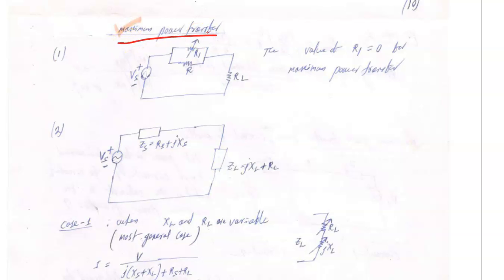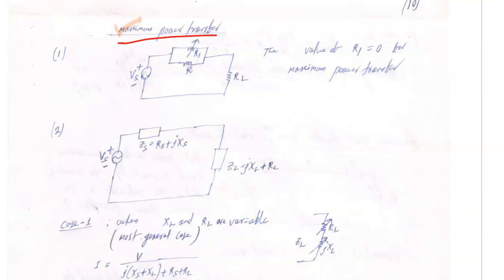As far as your competitive exam is concerned, whether you are appearing in the engineering service exam or GATE, you will find that most of the GATE questions on network theorems are concentrated on either Thevenin's theorem, Norton's theorem, or the maximum power transfer theorem.